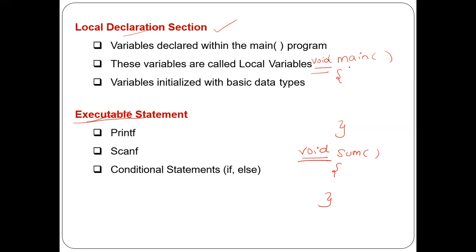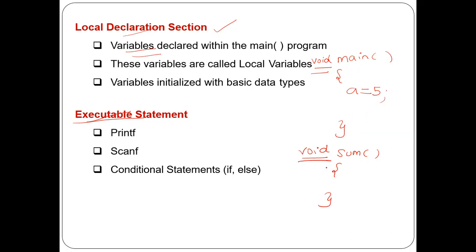In the main function or the sum function, if you are going to use any variable, those variables are called local variables because of their lifetime. If I am declaring a equal to 5, the lifetime of the variable is only within this function.